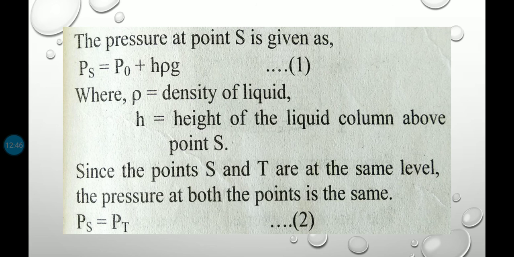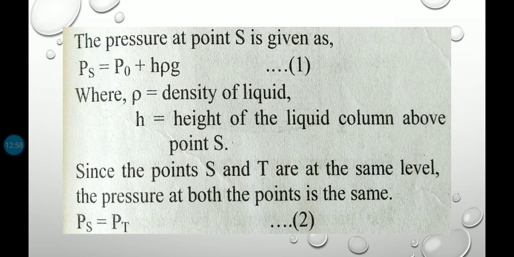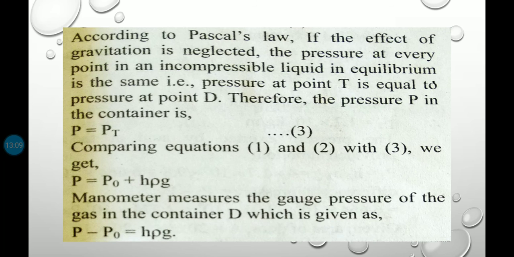Then here the points S and T are at the same level. The points S and T mentioned here are shown as points A and B in this diagram. In this diagram, points A and B are at the same level. Therefore we say that the pressure at both points is the same, that is PS is equal to PT.